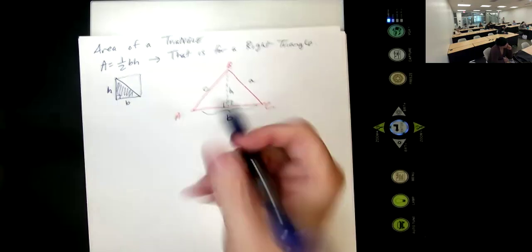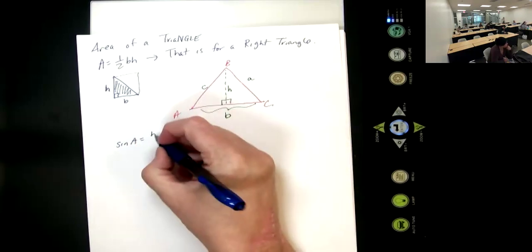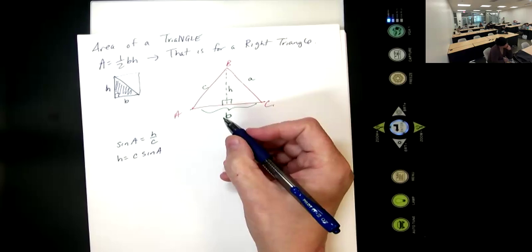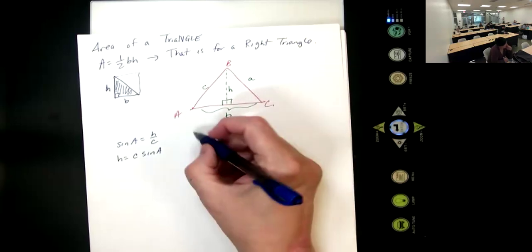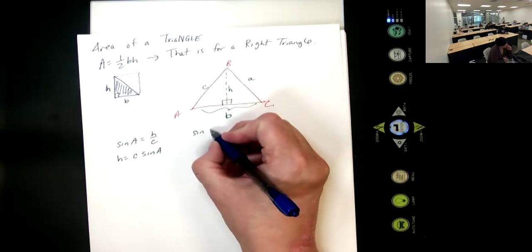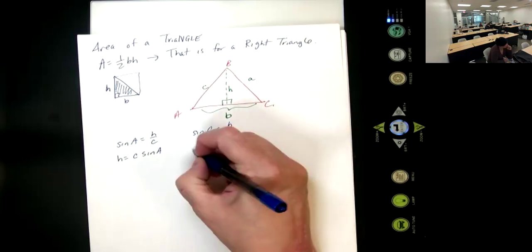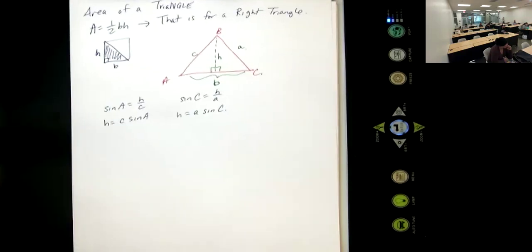And if we go off the angles, sine A is opposite over hypotenuse, H over C. So H equals C sine A. And over here, sine C equals opposite over hypotenuse, H over A. So H equals A sine C. And now we can replace that in our area formula.